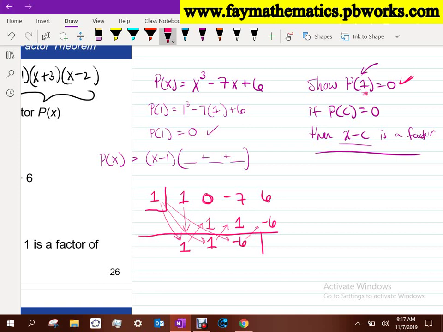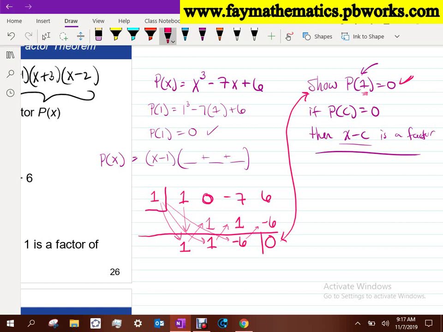When I add straight down, what do I get here? 0. So that confirms what they were asking. That's using the remainder theorem that said if your remainder is 0, then P of the C that you use, so P of the 1 here, is 0.